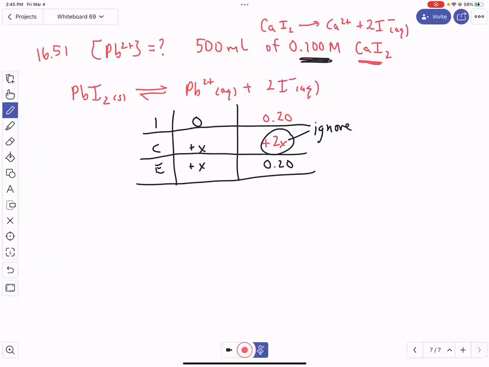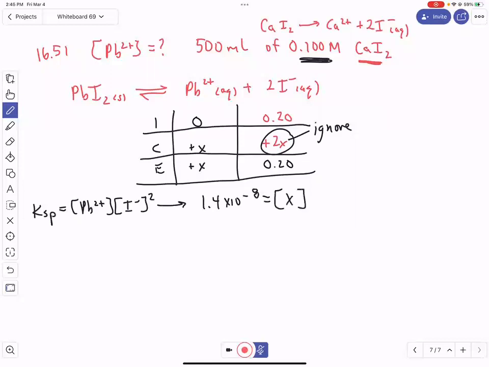So now we can find our concentration, right? We know Ksp equals the concentration of lead times the concentration of iodide squared. So Ksp equals 1.4 times 10 to the minus 8.